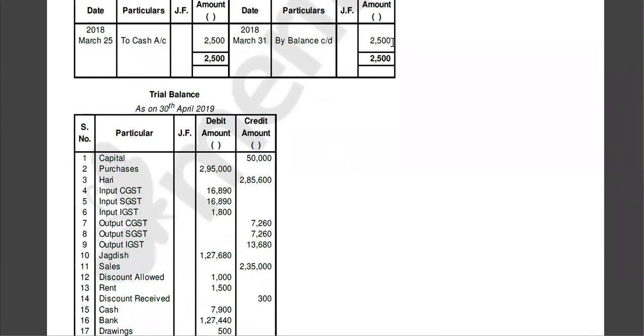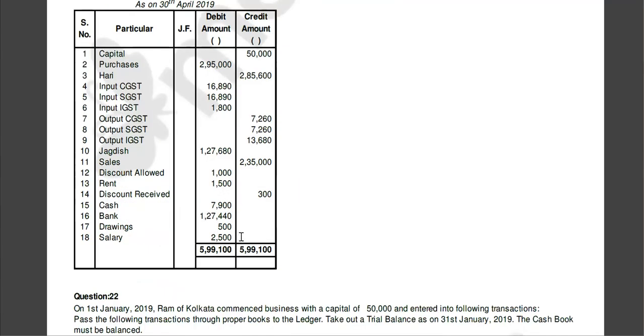Credit side, you have to enter in trial balance debit side. That's it. It's just the opposite side of balance. The same way drawings. The drawings is a liability playing a debit role, because it is considered as an expense.